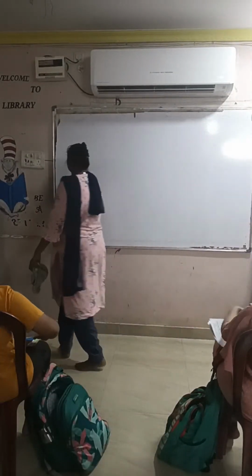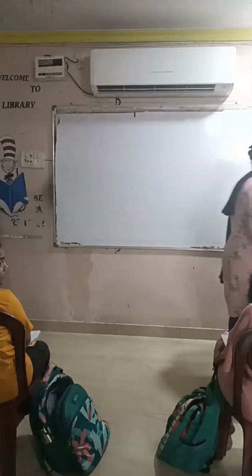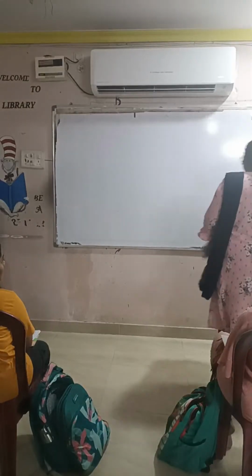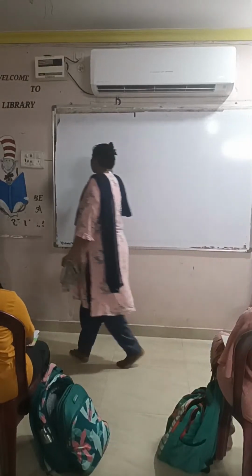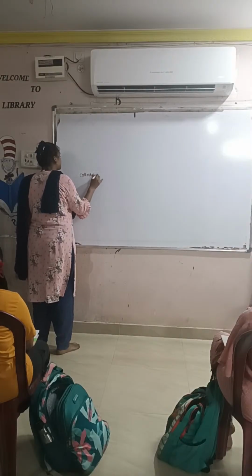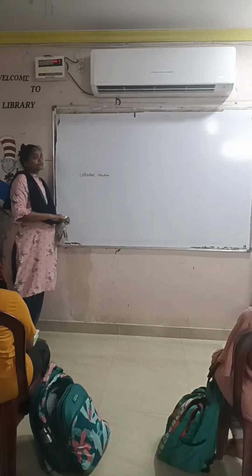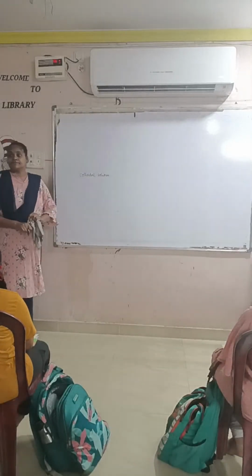Okay, in our previous class we have learnt already what is actually a colloidal solution. Tell me now, what are colloidal solutions? How can you say that anything is a colloidal solution? Tell me.